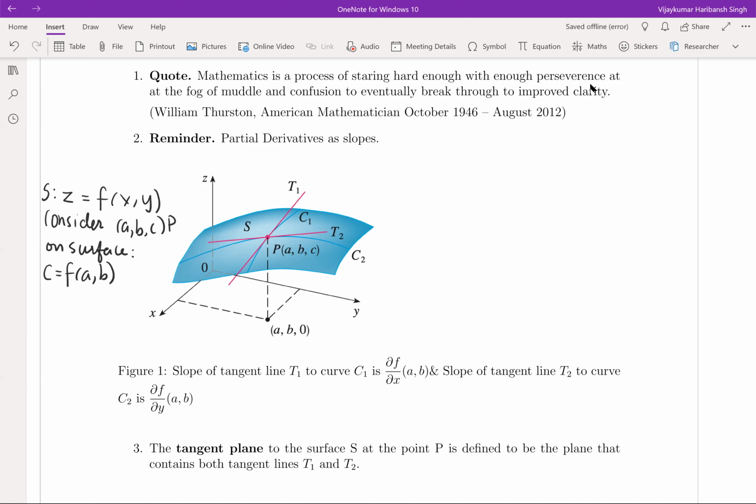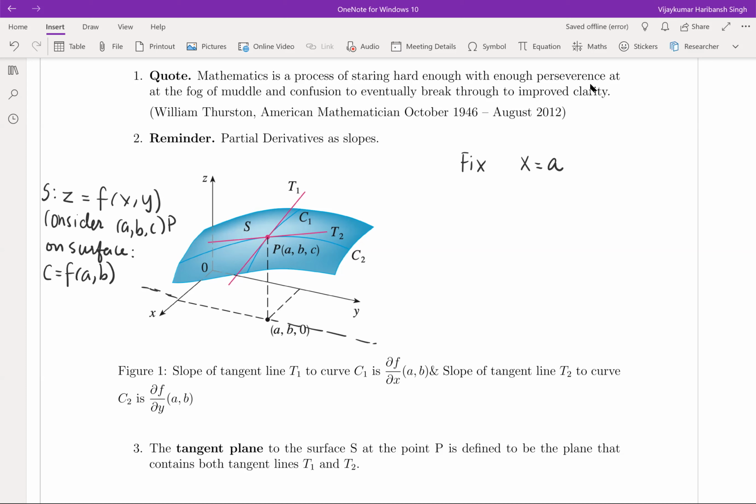Now, in partial derivatives, what we did was we fixed one of the variables. So let's fix, for example, x equals a. Along this line, x equals a is fixed.